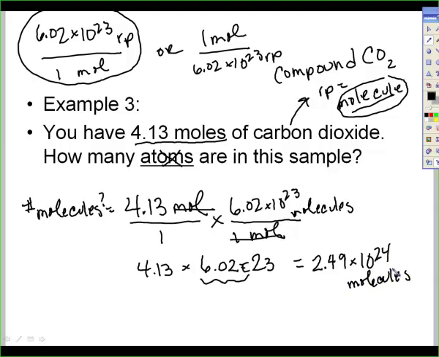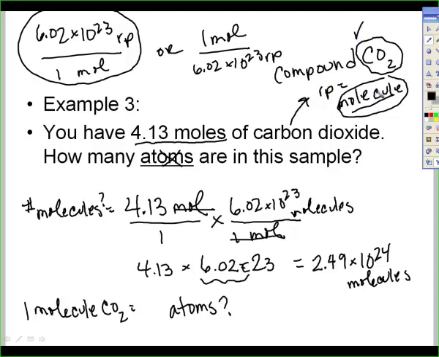Okay, now look at CO2. In 1 molecule of CO2, how many atoms are there? Well, there's 1 carbon and there's 2 oxygens. So there's 3 atoms total. So what do I need to do to this number? This is a molecule.